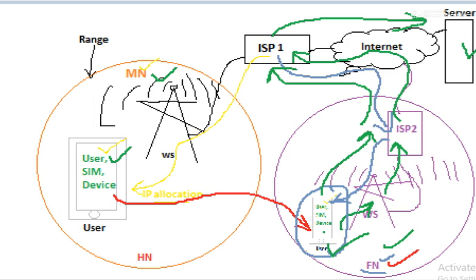So this basically happens in a mobile network, which is a very important difference.